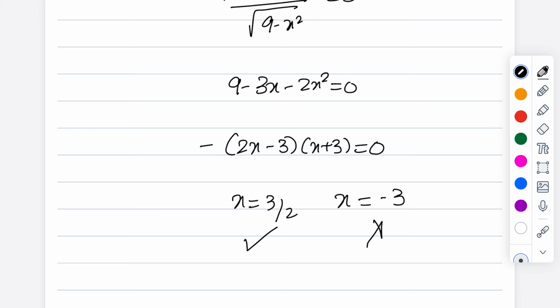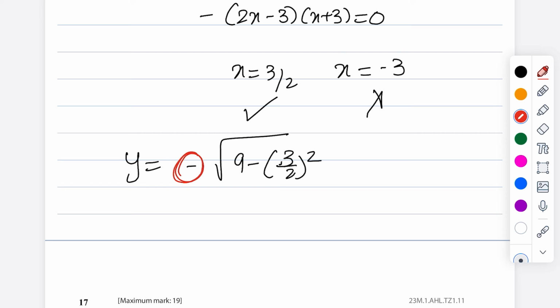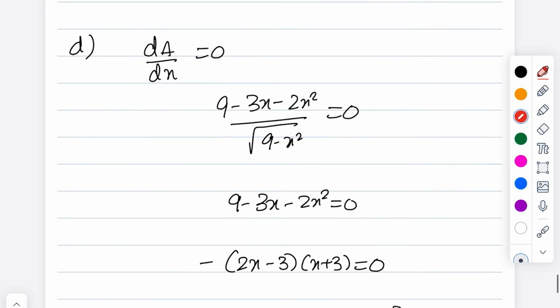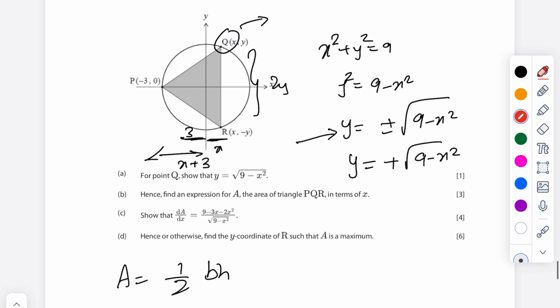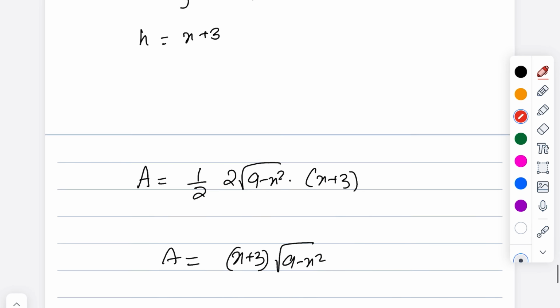Now, what is he asking in this question? The y coordinate of R. So therefore plug this x value into the y coordinate, and you should be careful that I am taking the negative side. Okay, so y is negative, because for getting R it is negative y, and for getting Q it is positive y.